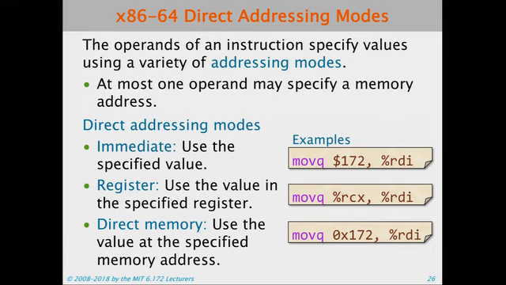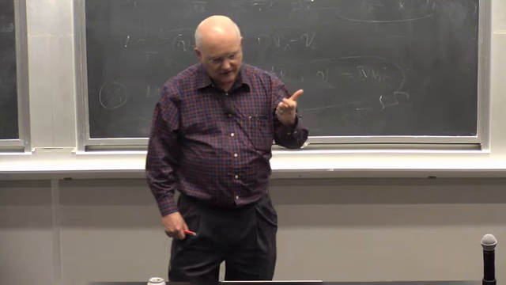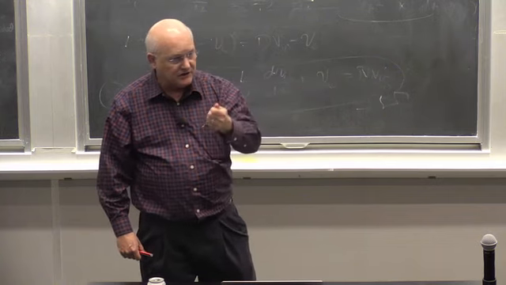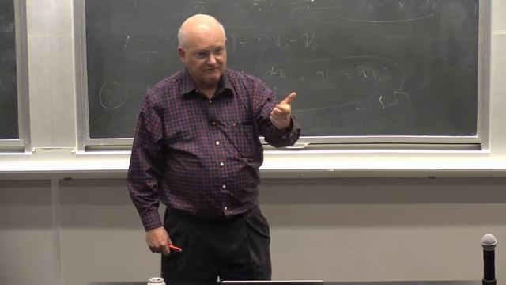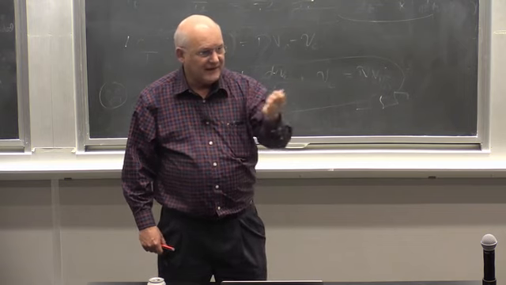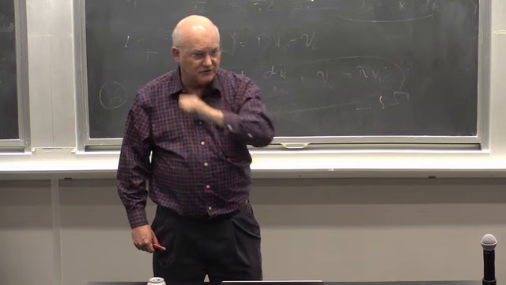So for immediate, what you do is you give it a constant like 172, a random constant, to store into the register in this case. That's called an immediate. If you look at the machine language, 172 is right in the instruction. Okay, it's right in the instruction, that number 172.